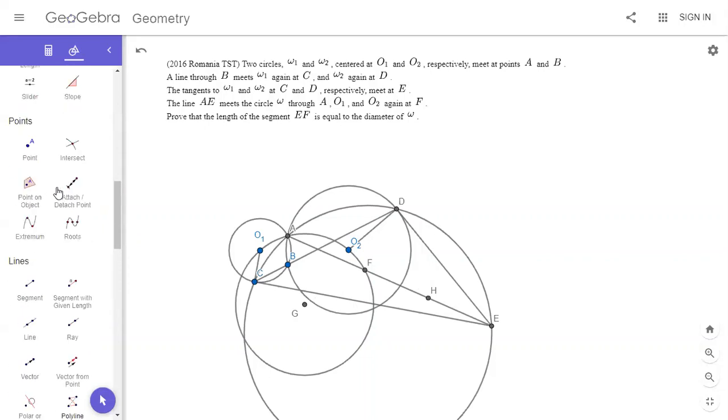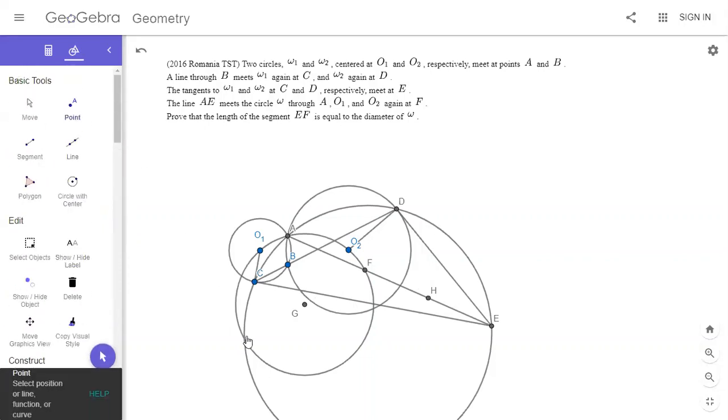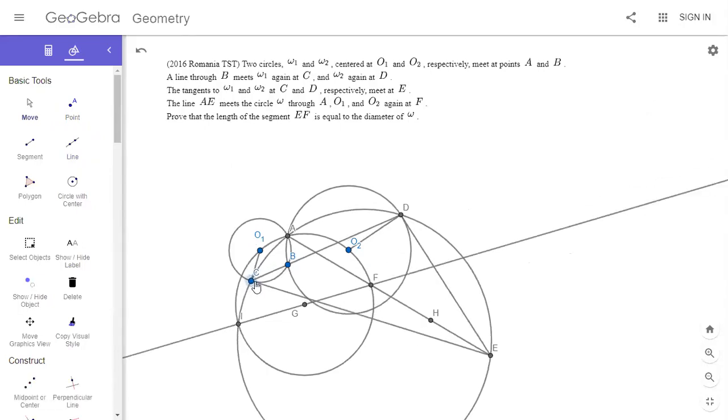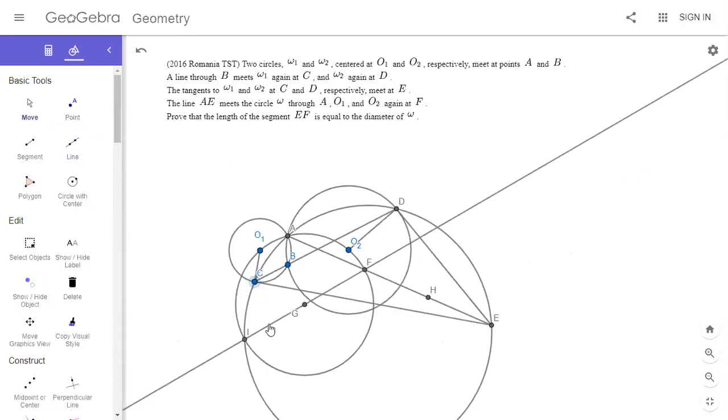So basically, that's another way to say that I think we want to show F, G, and I are collinear, because then I think we could use power of a point, and then we'd have FE times AF is, let's see if that's true. If we could show F, G, and I are collinear, that would do it.